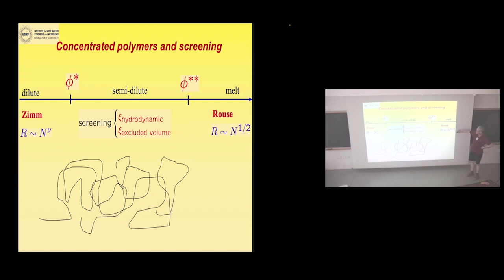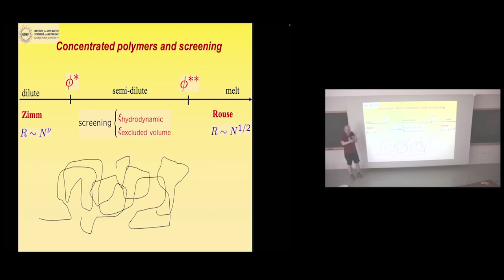Not only does the structure make a change here, but so do the hydrodynamic interactions, or the effect of the solvent flow. You go from the Zimm case, where as the polymer moves, it's got to shuffle solvent around inside, and the relaxation dynamics is actually governed by having to deal with the hydrodynamics. As you get more and more polymer in there, the polymer acts to effectively screen the hydrodynamic interactions amongst the monomers.